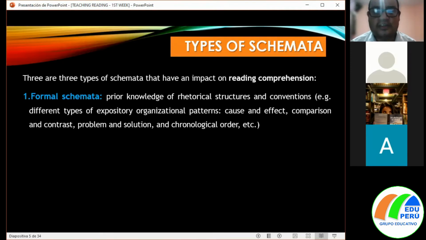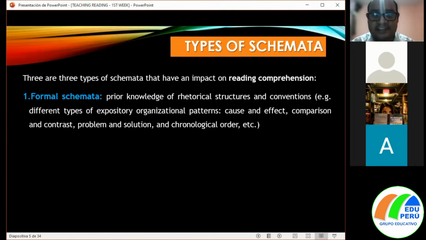So these are called rhetorical structures and conventions that you use in a language. When we speak or when we write, we are going to use these rhetorical devices, no? You use assimilation or alliteration, or you use metaphors, or you use these patterns such as cause and effect, comparison and contrast, problem and solution, chronological order.